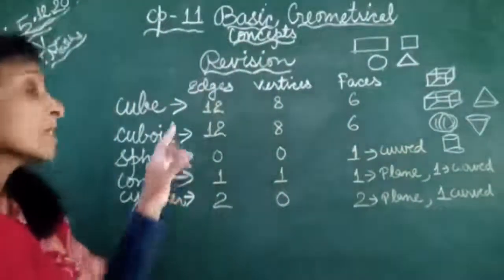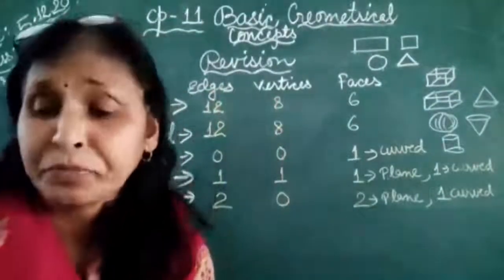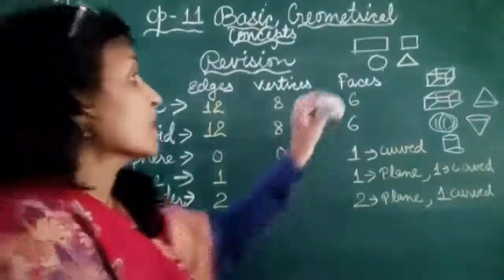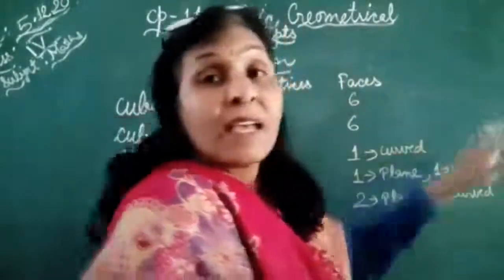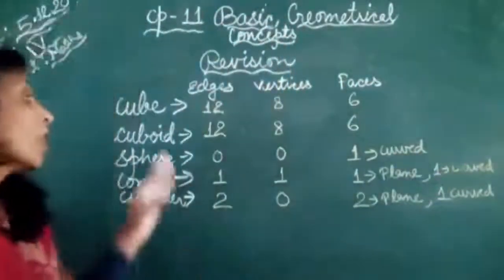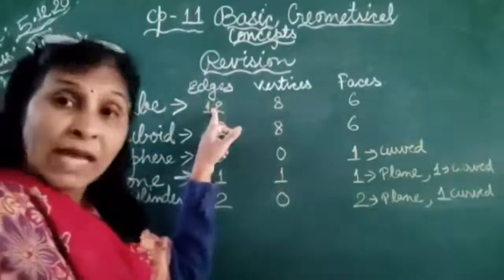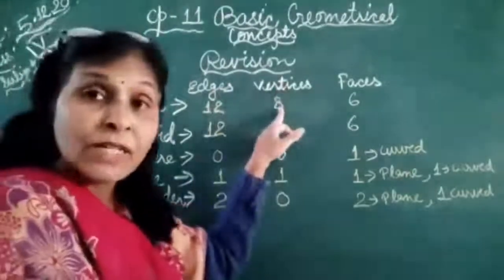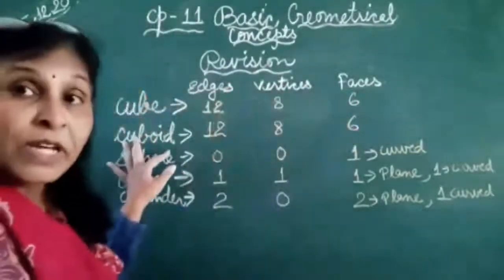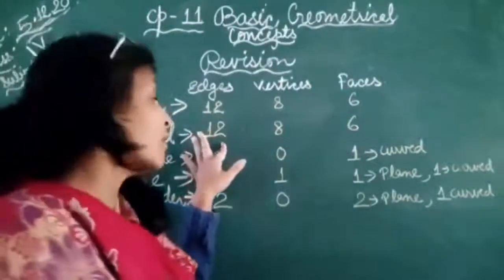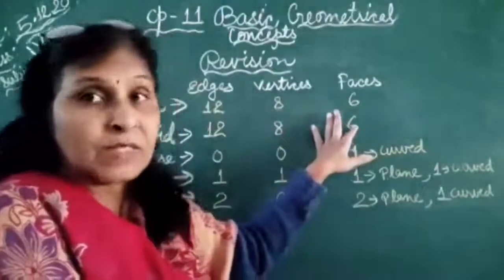Now students, in solid shapes, I discuss the faces, edges and vertices. Now in cube, how many edges? That is 12 edges, 8 vertices and 6 faces. In cuboid also, that is 12 edges, 8 vertices and 6 faces.